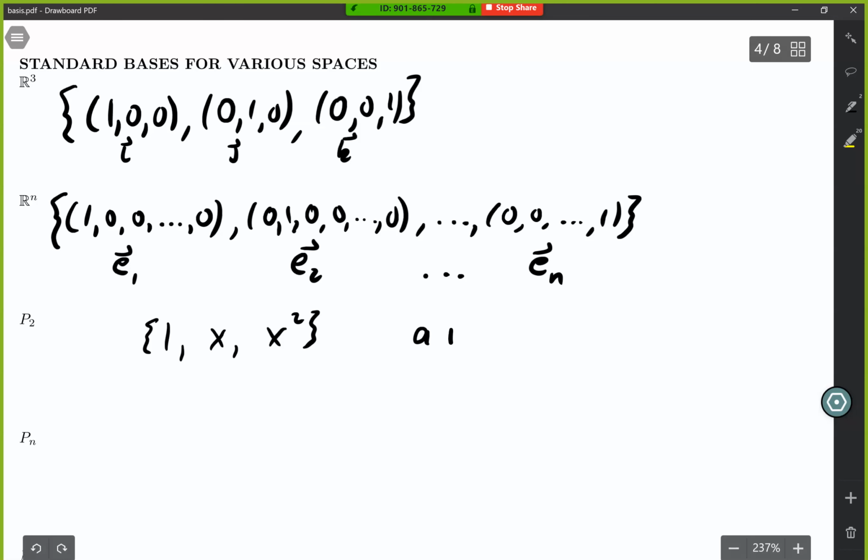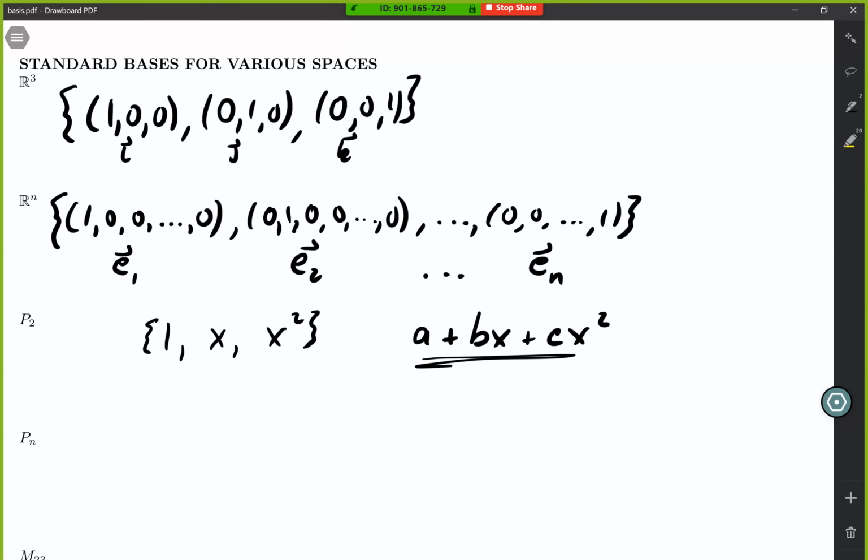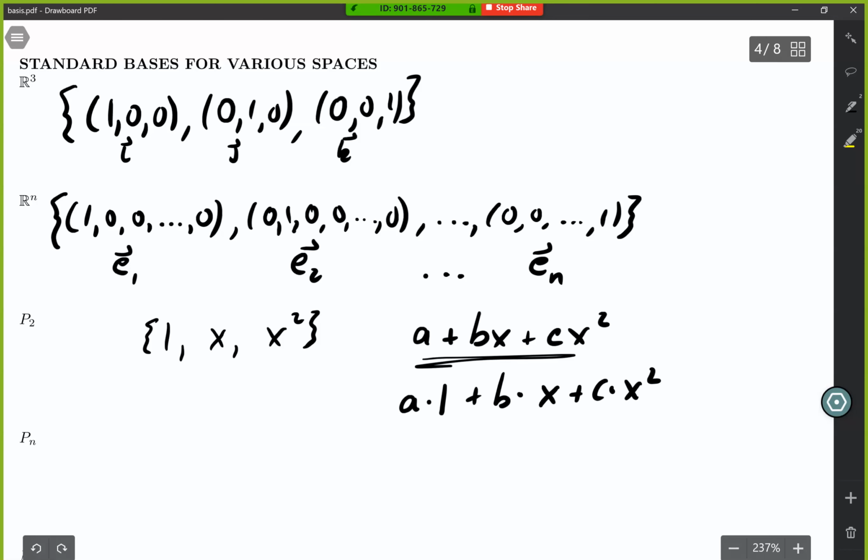You need a constant, you need an x term, and you need an x squared term, right? If I write it in linear combination form, this would be a times 1 plus b times x plus c times x squared. Just being pedantic, but I have a constant times the first vector, a constant times the second vector, a constant times the third vector, and it gives me those coordinates that you're familiar with, the coefficients.